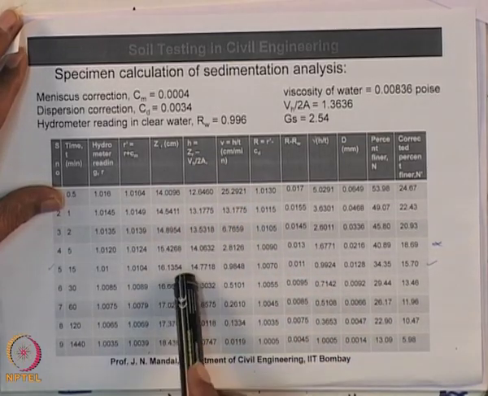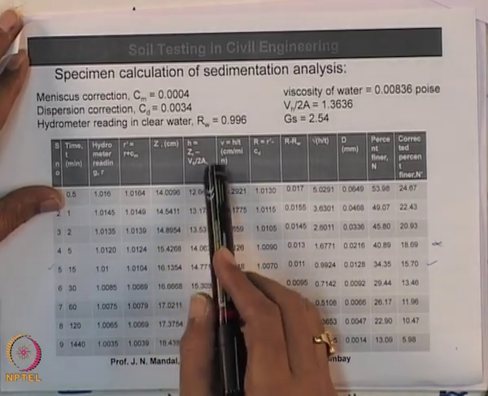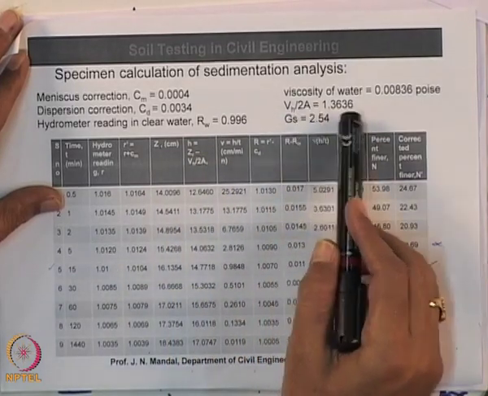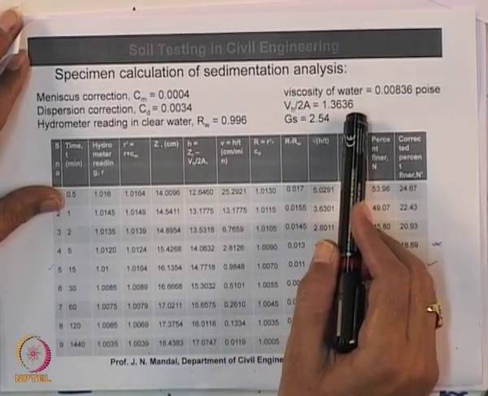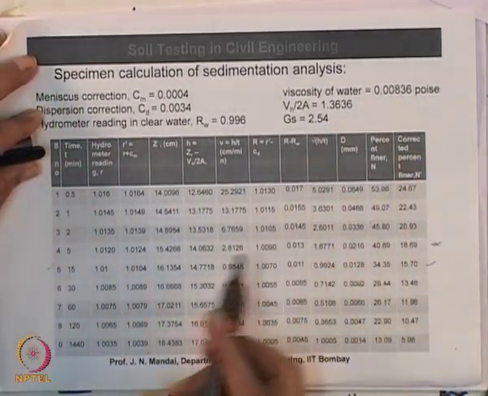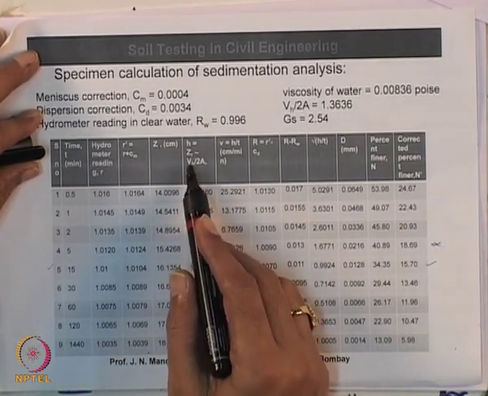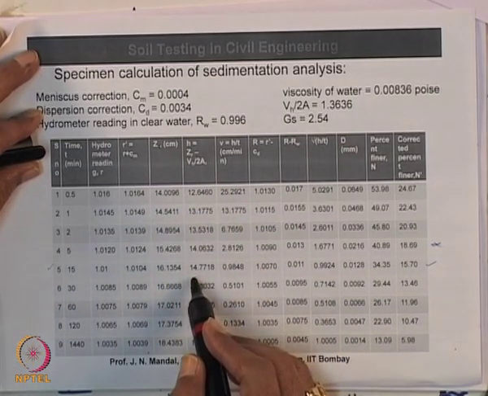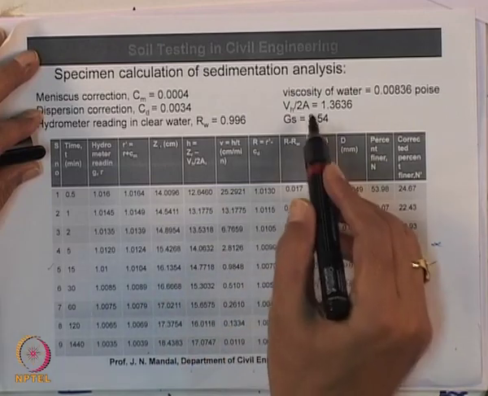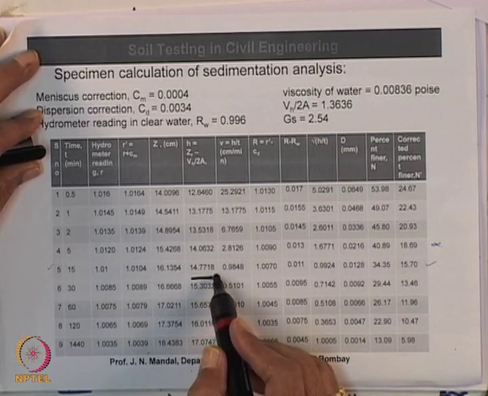So, ZR is known, let us say 16.135, and then you calculate H by 2A, which is 1.3636. So, H is equal to ZR minus H by 2A, and if you calculate it, ZR minus 1.3636 gives you 14.7718.